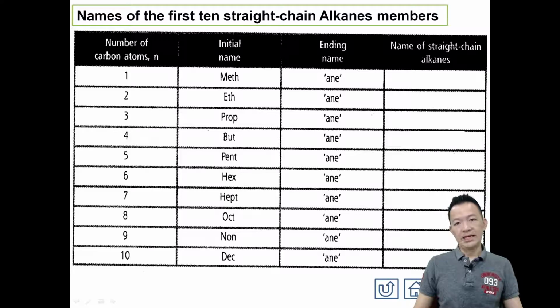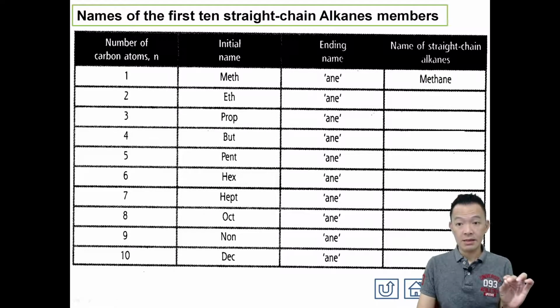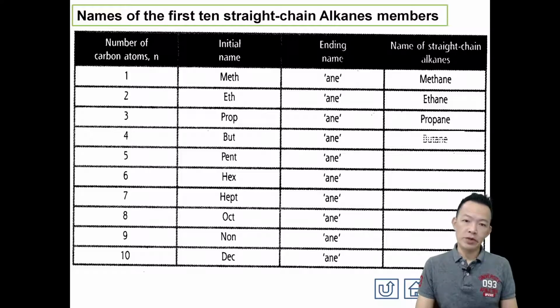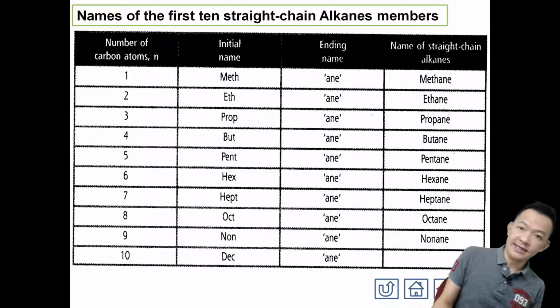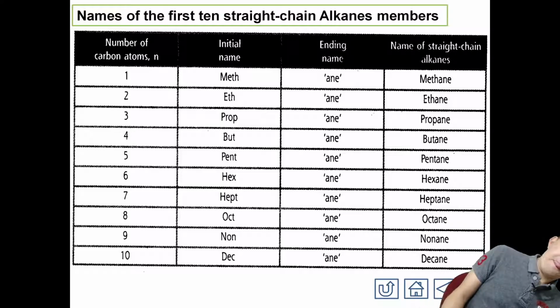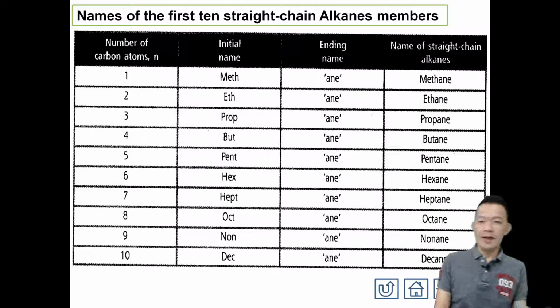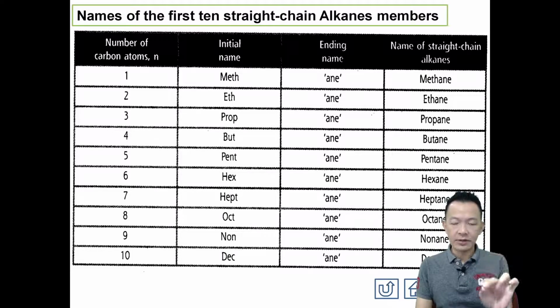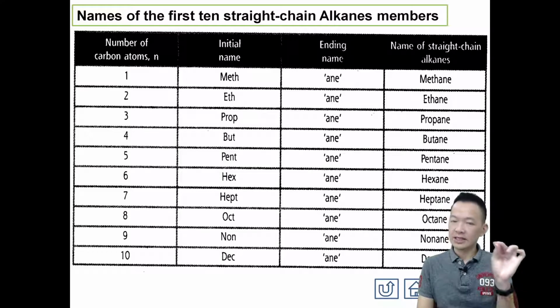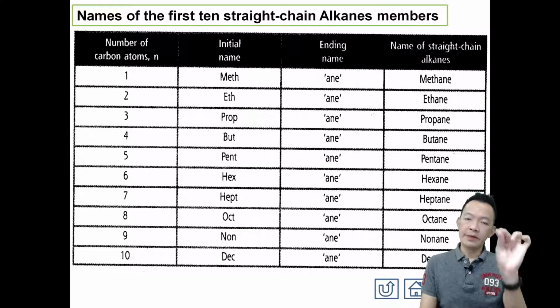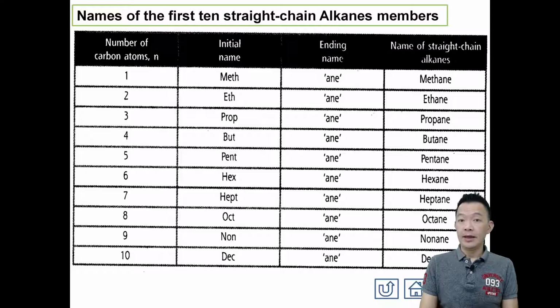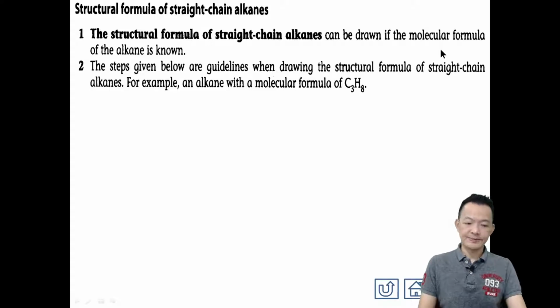Check the names: methane, ethane, propane, butane, pentane, hexane, heptane, octane, nonane, decane. So when you see the general formula or molecular formula, think of its family, the alkane, and call the name. This is the nomenclature of the homologous series.